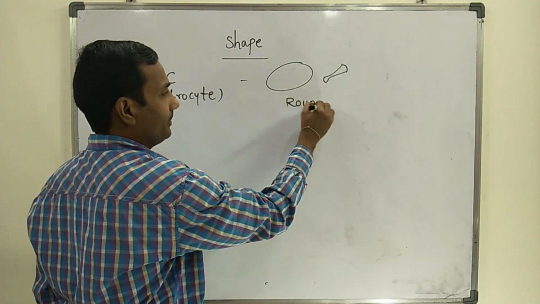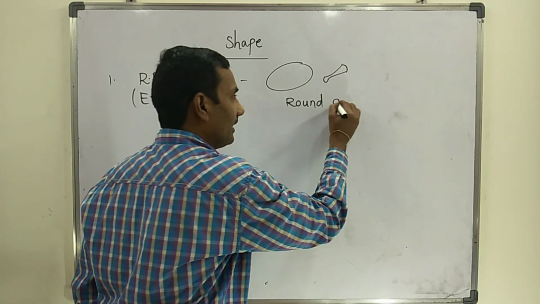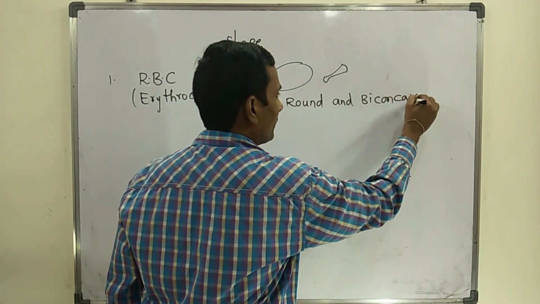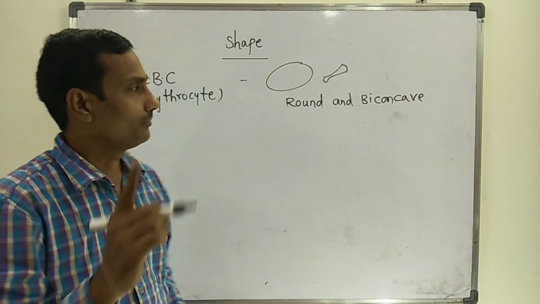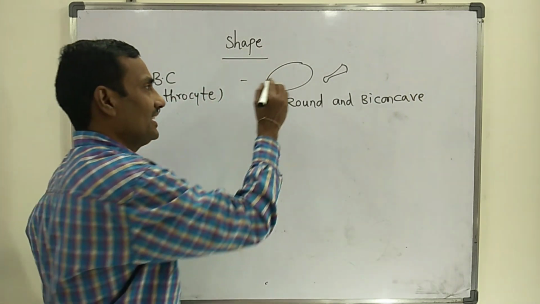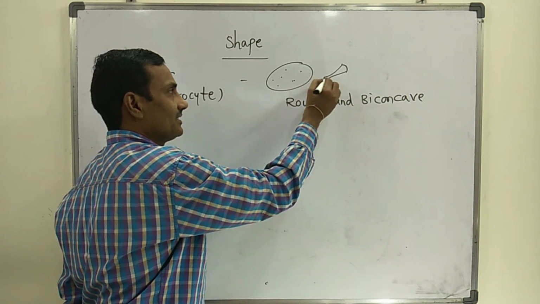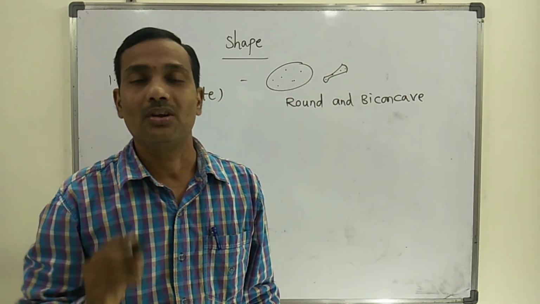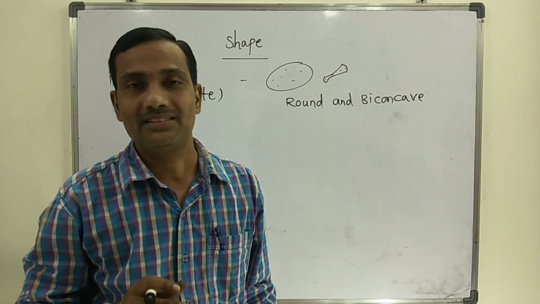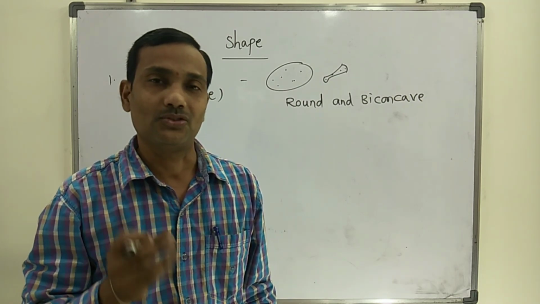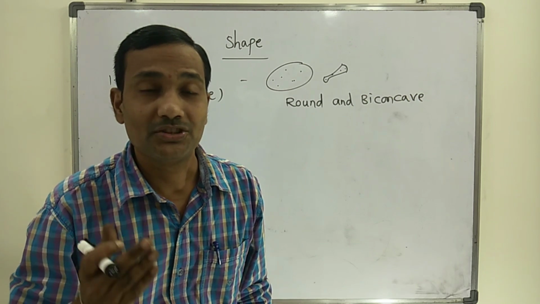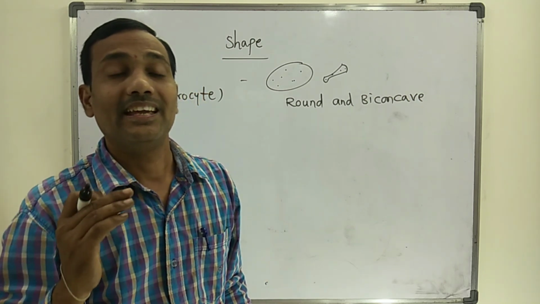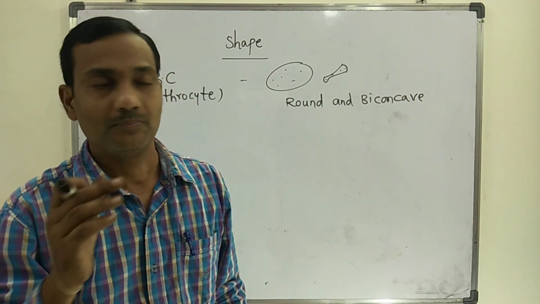The shape of the RBC is round and biconcave. RBCs are living cells, but matured human RBCs do not have a nucleus, so they are otherwise known as enucleate cells.